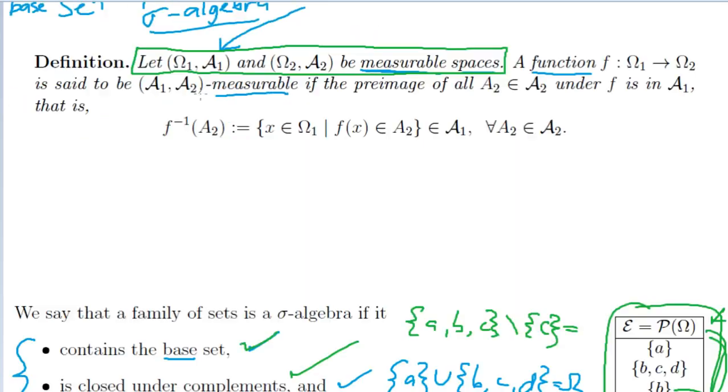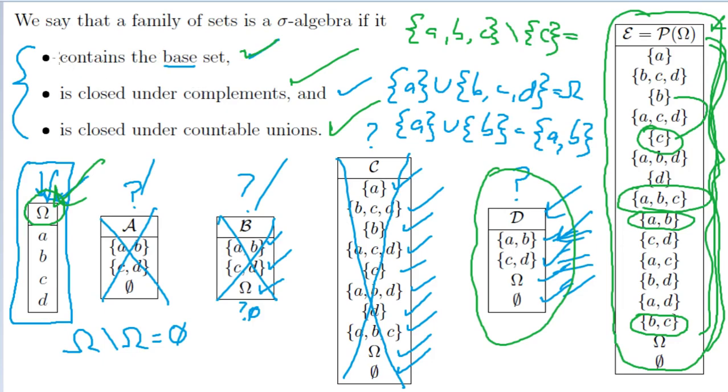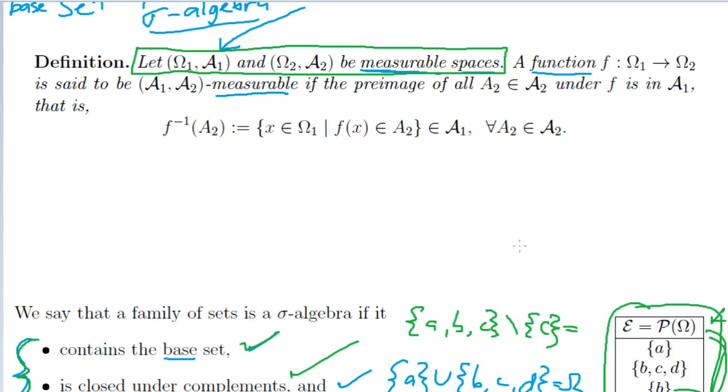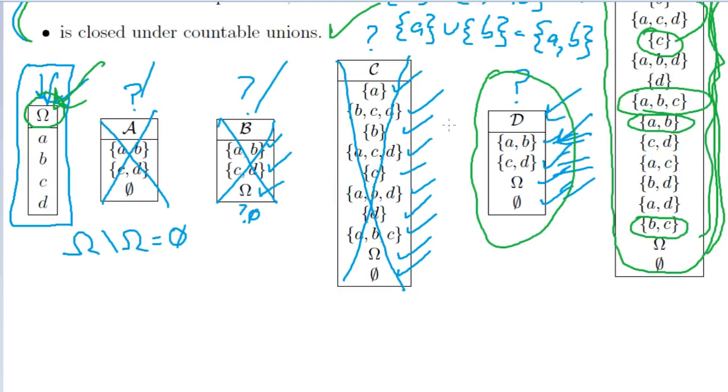And this sigma algebra itself has these specific characteristics. Now there's one other thing that we haven't talked about yet. We've talked about measurable spaces. We've talked about sigma algebras. Measurable sets are easy.